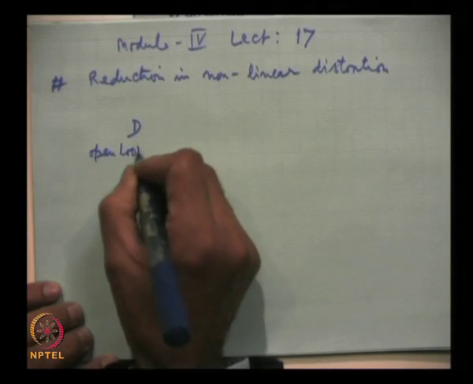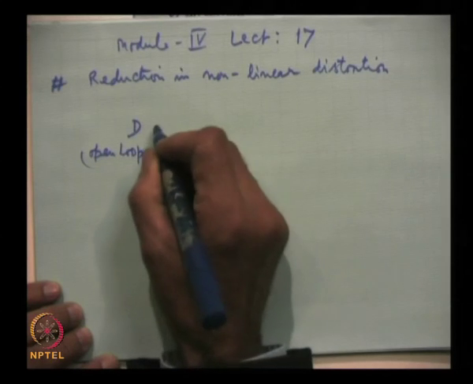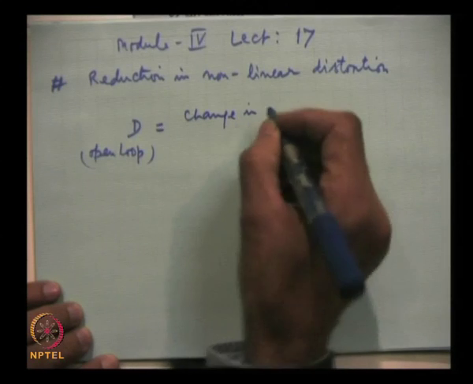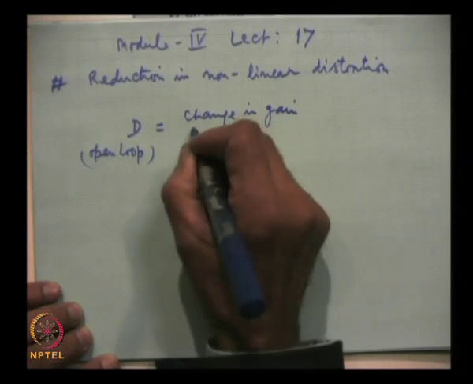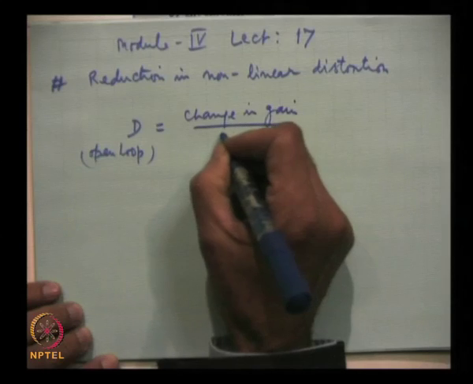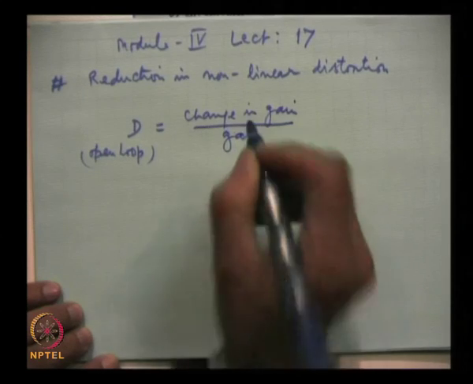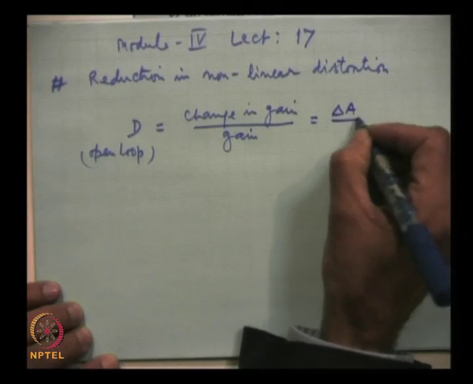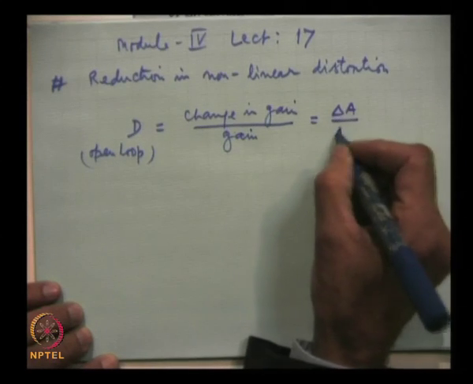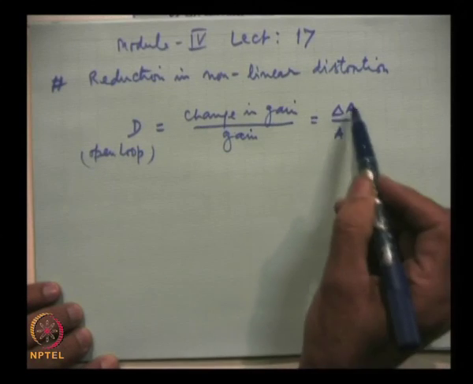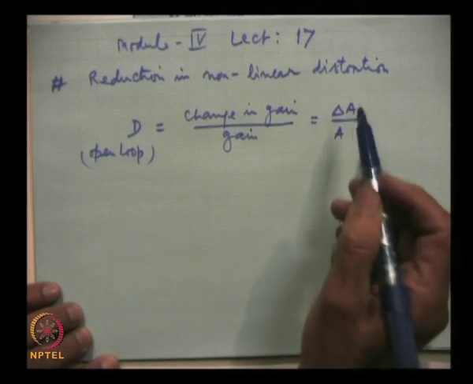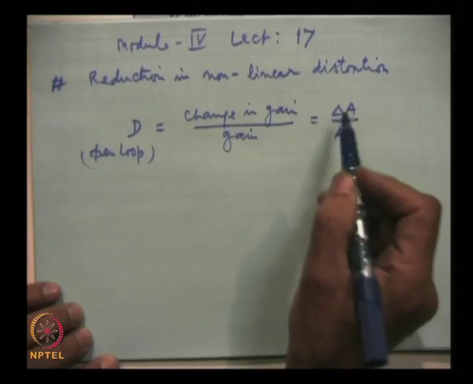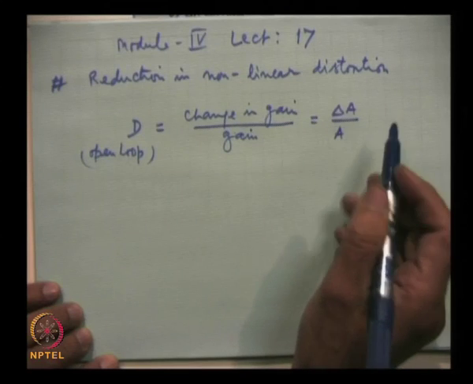So, let us take for open loop, this is change in gain divided by gain, that is dA by A, and if this change is infinitesimally small, then this delta can be taken as differential.